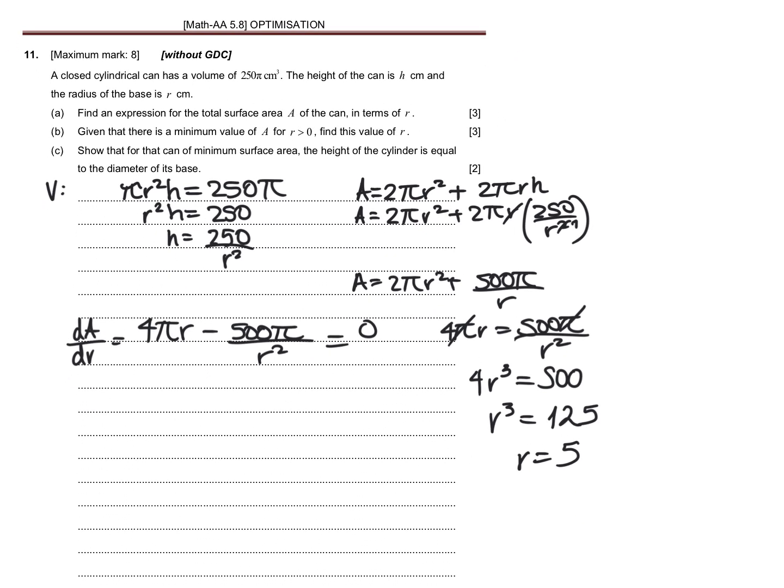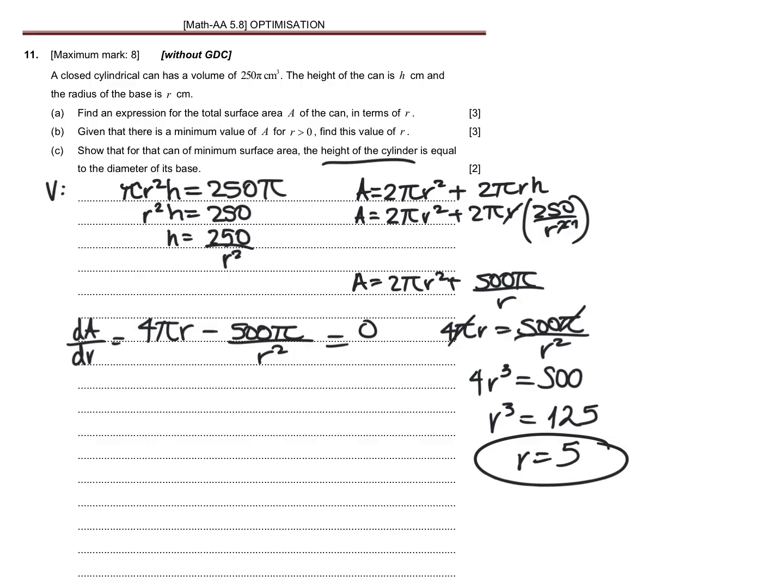Show that for that can of minimum surface area, the height of the cylinder is equal to the diameter of its base. So we have the minimum surface area is happening when r is 5.